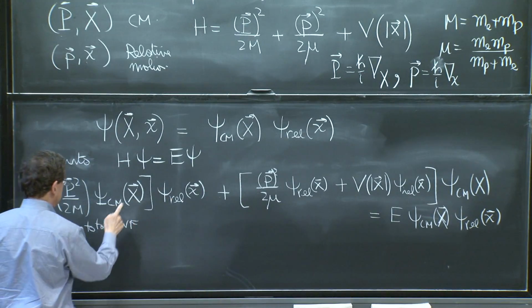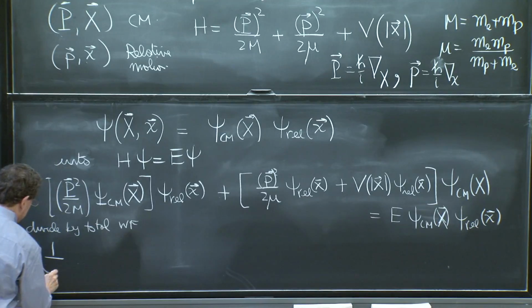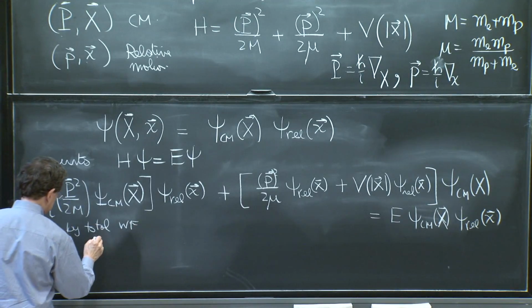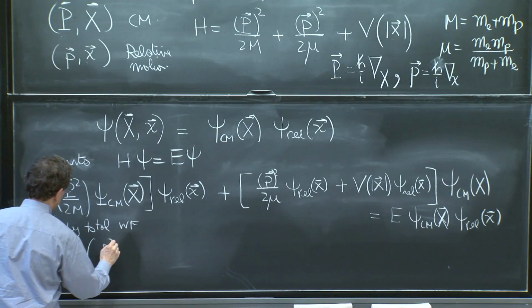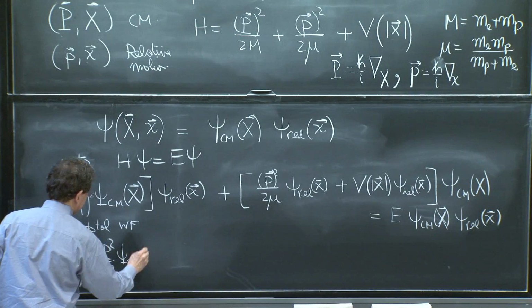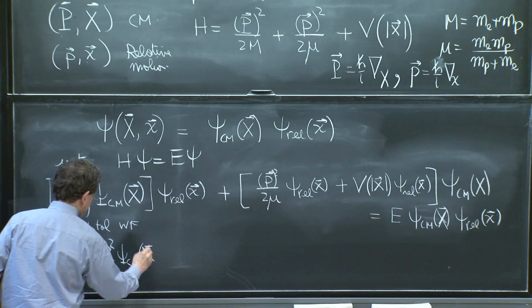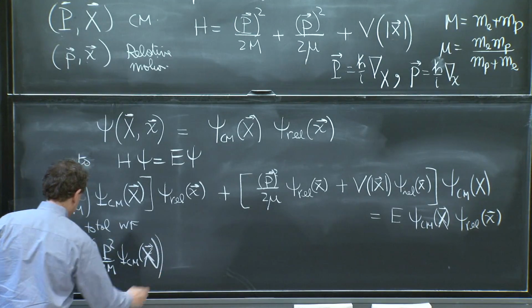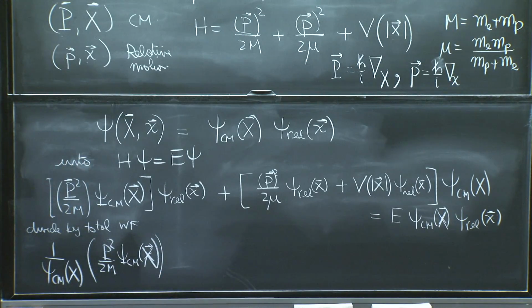From the first term, you will get 1 over psi cm of capital X times this p squared over 2m psi cm of capital X. And that's all that comes of the first term.